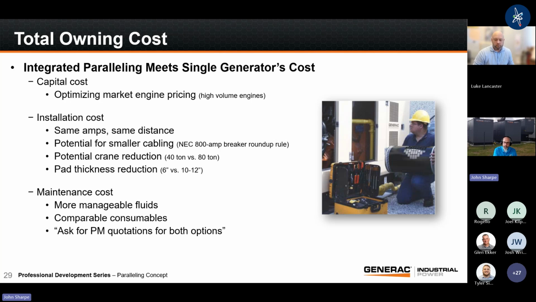This is a truck engine. Horsepower and weight matter for a truck engine, so I'm only going to need as much fluids as I need. It's not a big industrial engine like this 65-liter 2,000 kW, where weight doesn't matter because it's a stationary piece of equipment. So you recognize, one, the parts are going to be more expensive, but two, you may need more of them with a single particular unit.